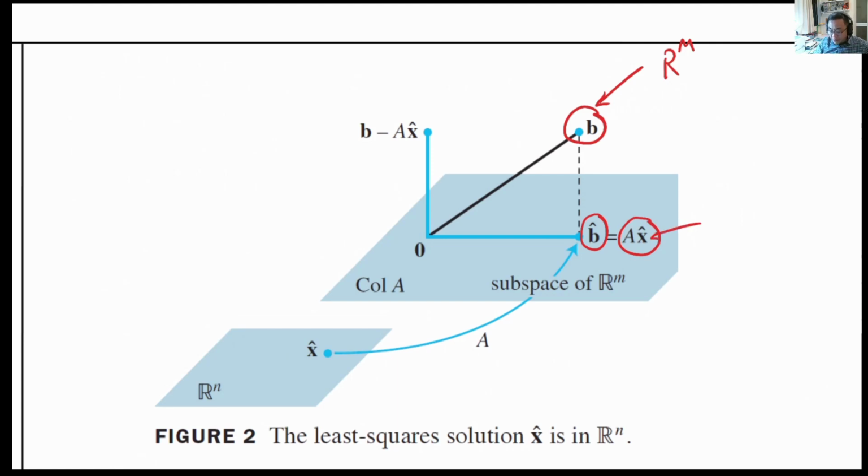We do not know the value of A x hat now, but what we know is that for the error to be smallest, the error vector e equals b minus b hat must be orthogonal to the column space of A.